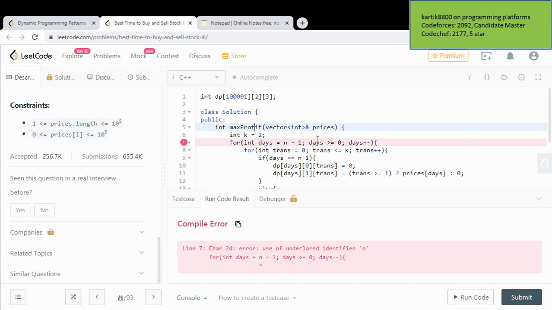Use of undeclared identifier. Yep. I guess this should work now.